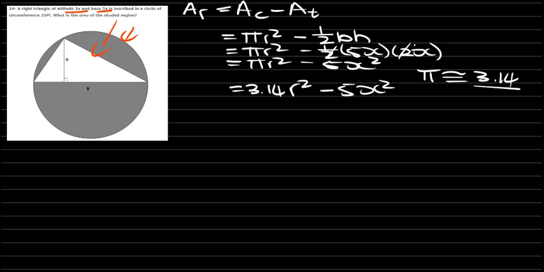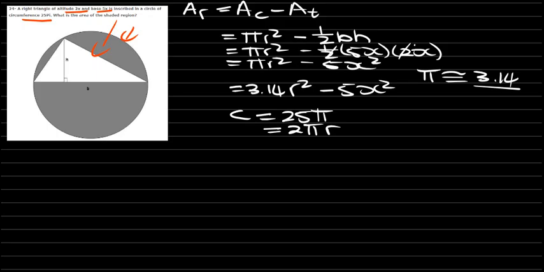Okay, the next thing we want to do is look at what other information we are given. The circumference C equals 25 pi, but we also know that the circumference equals 2 pi r, according to the formula.